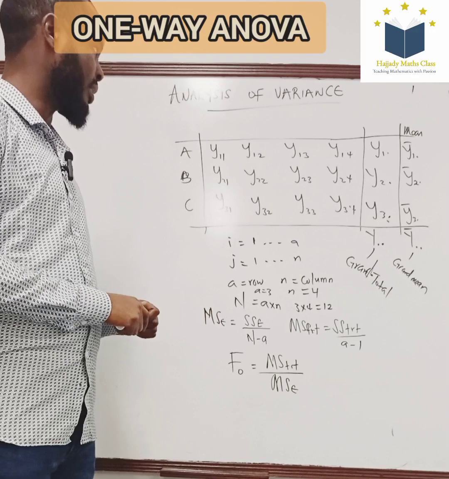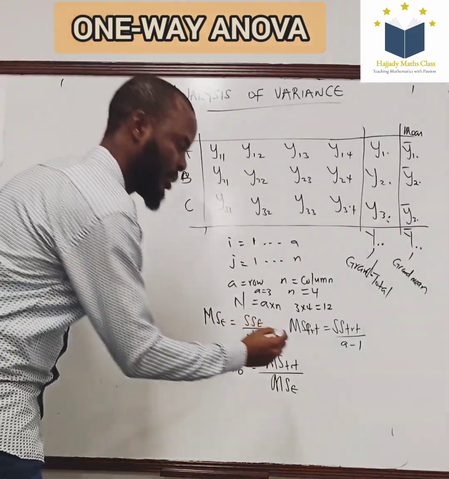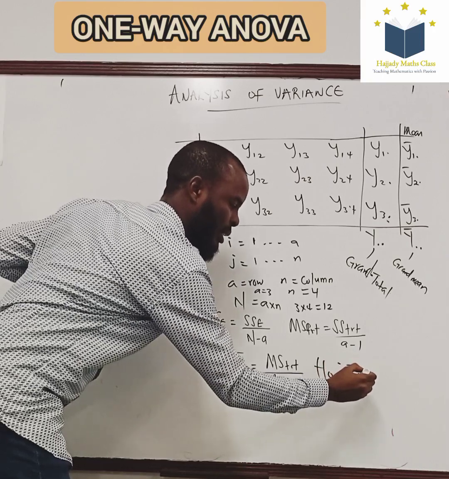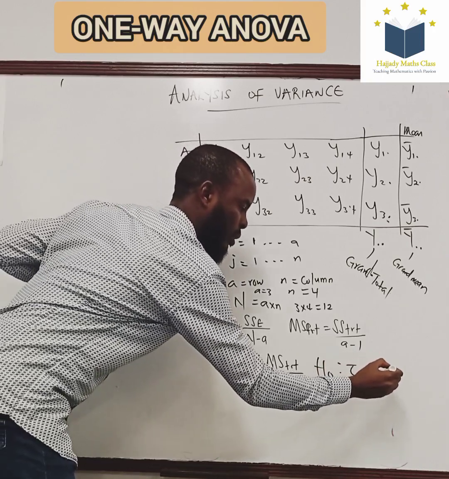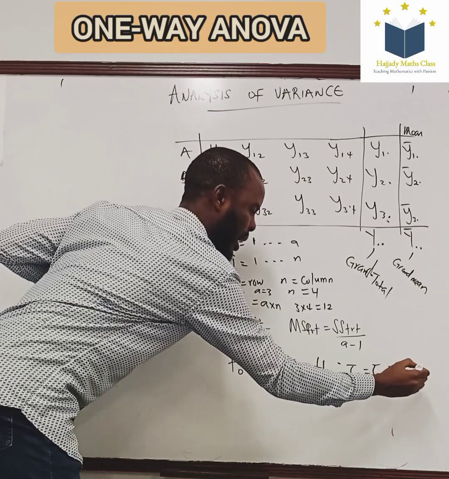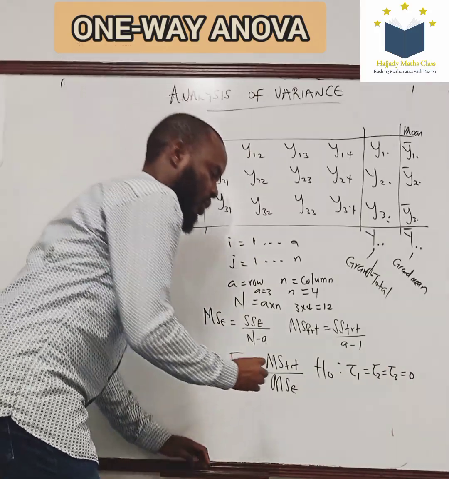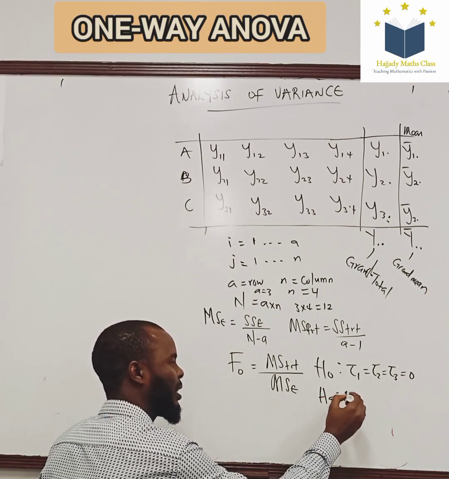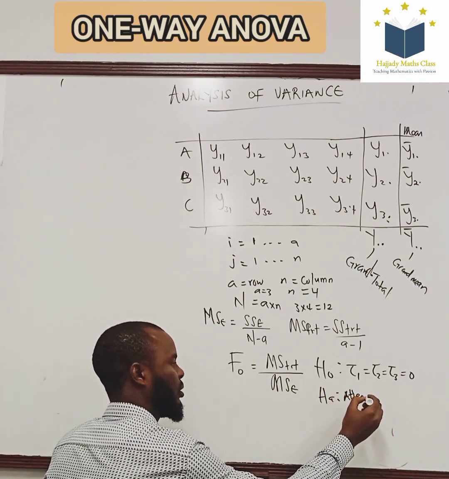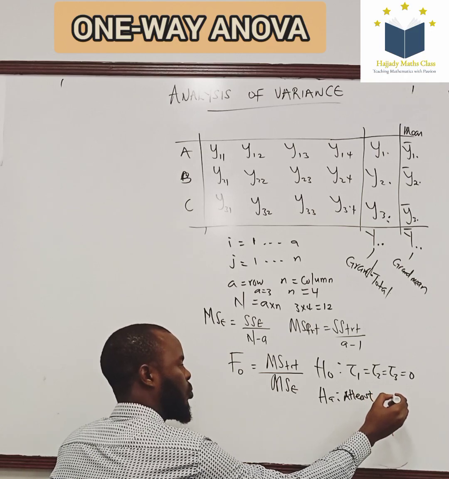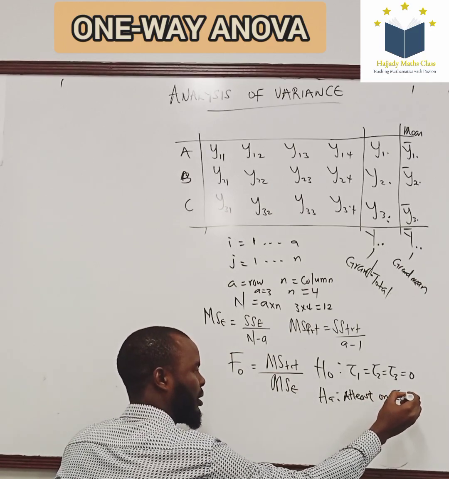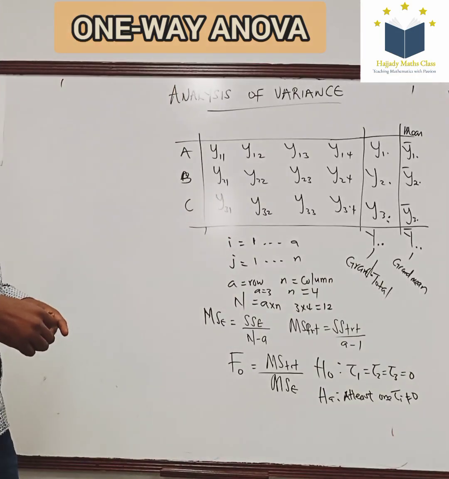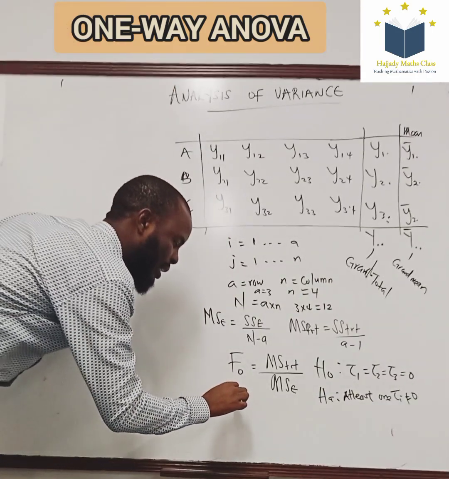Your null hypothesis is that the treatments are equal. Your alternate hypothesis is that at least one treatment is not equal to 0. That's the alternate hypothesis.